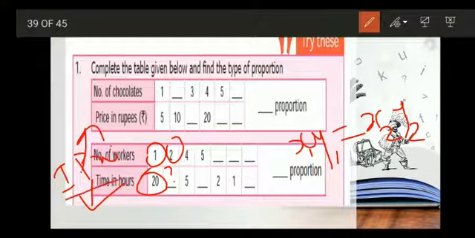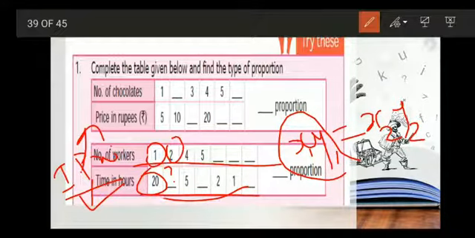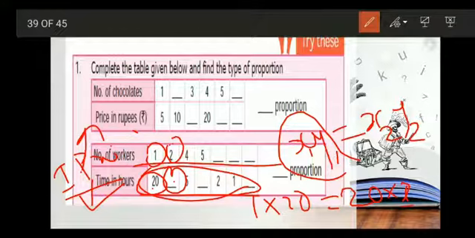Okay, in case of inverse proportion, we have x1 y1 is equal to x2 y2. So these are x values and these are y values. So we have x1 as 1, x2 as 2 and y1 as 20. So 1 into 20 is equal to 2 into x. We don't know what is here, so we'll take that as x.